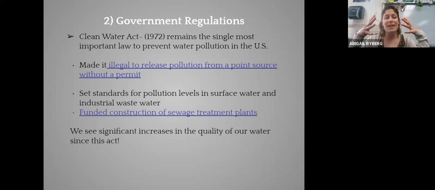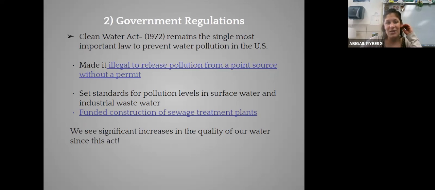Basically, the Clean Water Act is what makes it illegal for big, huge factories to just dump massive amounts of waste into waterways. It also sets the standards for pollution levels on surface water or industrial wastewater. It is what funded the construction of sewage treatment plants to begin with.